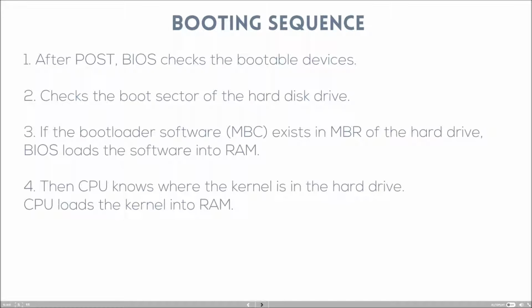BIOS checks the master boot record, and if there is the master boot code, loads it into the RAM. Master boot code is responsible for keeping information of where the kernel is in the hard drive. After the code loads into the RAM, CPU knows where the kernel is and CPU can load it into RAM.